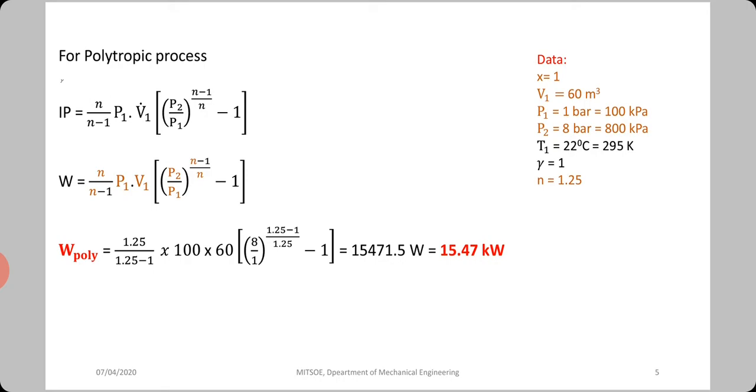Now everything is known to you in this formula. Just put the values. N is given as 1.25. P1 is given as 100 kilopascal because we want the answer in kilowatt. V1 is given as 60 meter cube. P2 and P1, that is 8 divided by 1, and put the value of N. Just calculate the answer. You will get 15.47 kilowatt. Again, you have substituted the value of pressure in kilopascal, so the answer is in kilowatt.